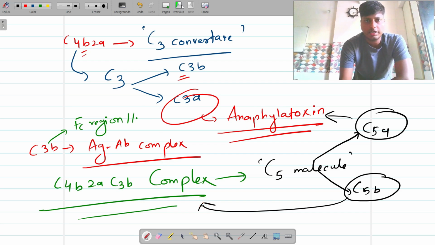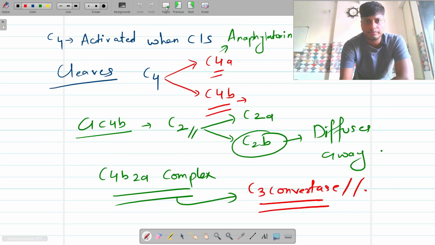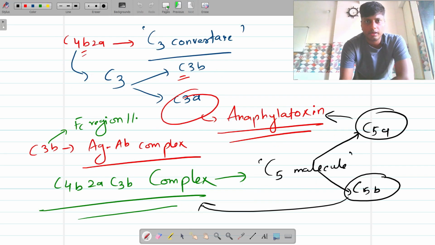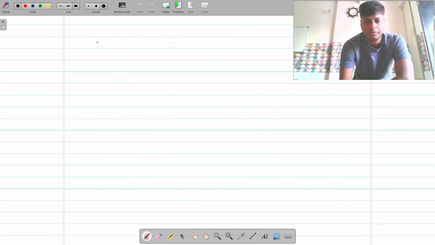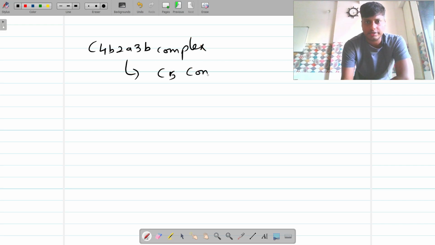So the resultant complex is going to be the C4b2a3b complex, which is known as C5 convertase.